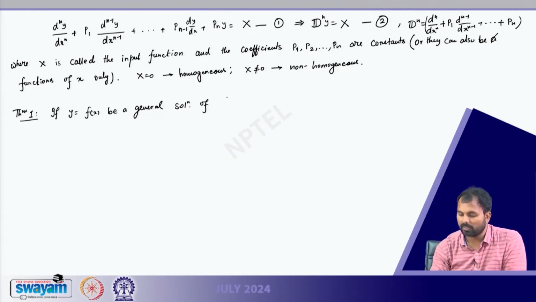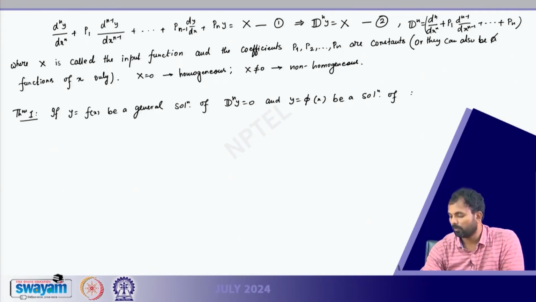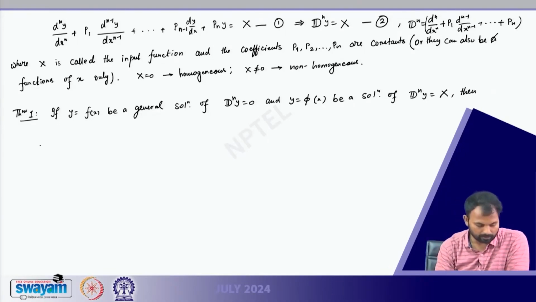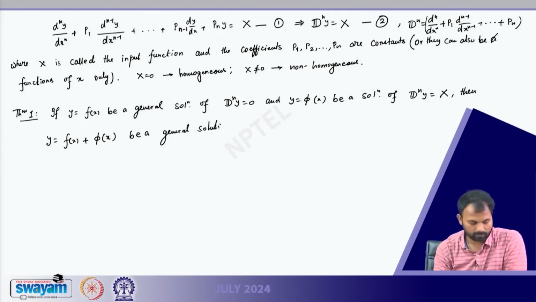So, if y = f(x) is a general solution of D^n y = 0 and y = phi(x) is a solution of D^n y = capital X, then y = f(x) + phi(x) is a general solution of D^n y = capital X, right.